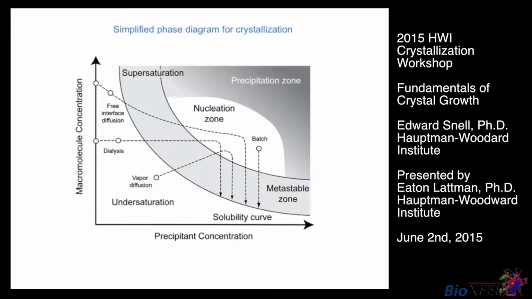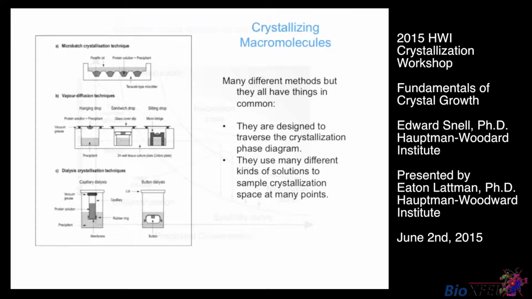You can trace the other ones as well. These are some of the classic ways in which experimentalists have chosen to adjust the concentration of precipitating agent in these experiments.